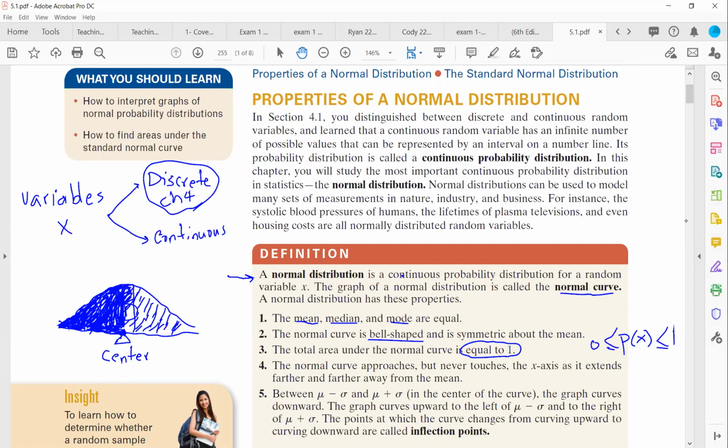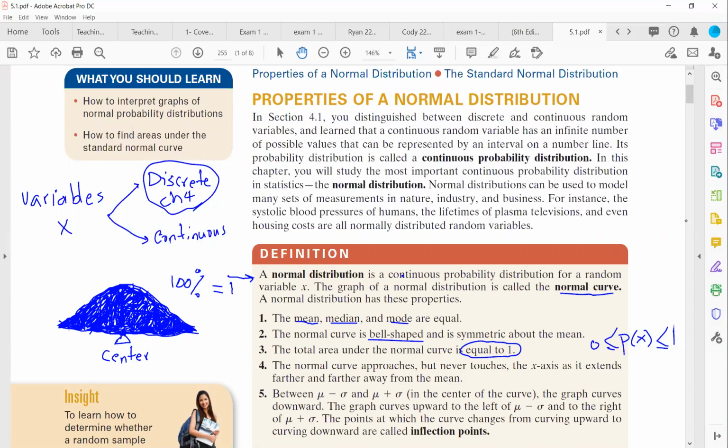Continuing on, 70% of the area, 85% of the area, 95% of the area, and finally 100% of the area, which is equal to 1.